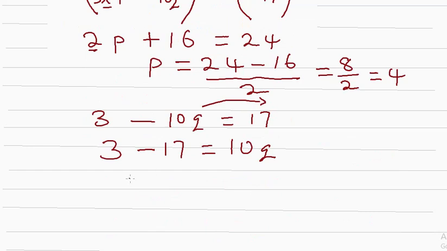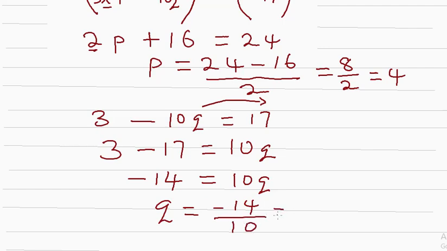That should be minus 14 if I'm not mistaken. It's equal to 10q, so q is equal to minus 14 all over 10. If I divide by 2, 2 goes into 14 minus 7 times, and into 10, 5 times. Please pardon me, that's supposed to be minus one whole number, then 2 all over 5.